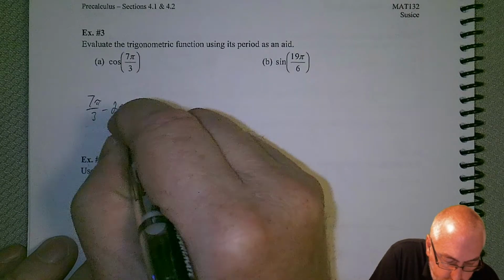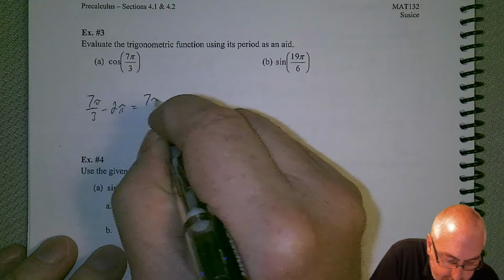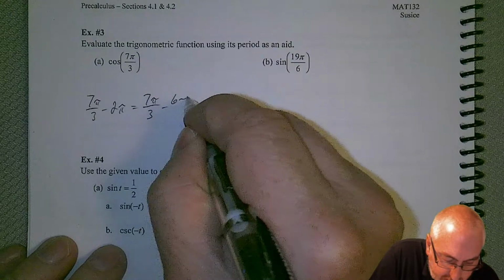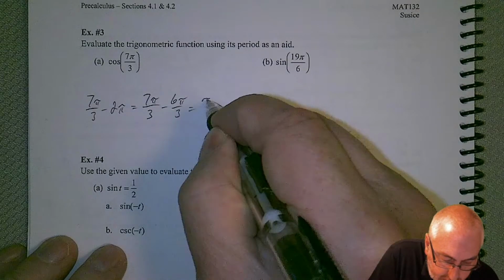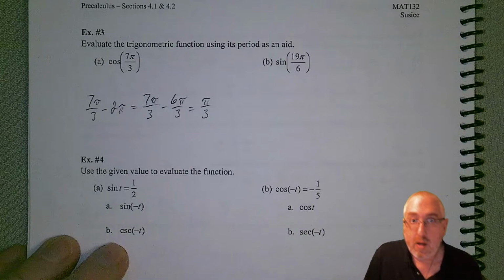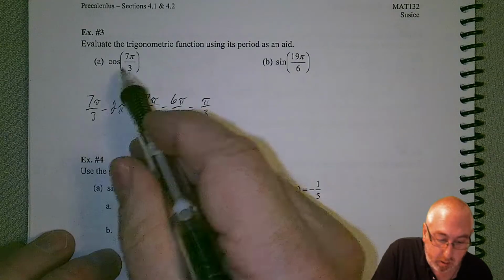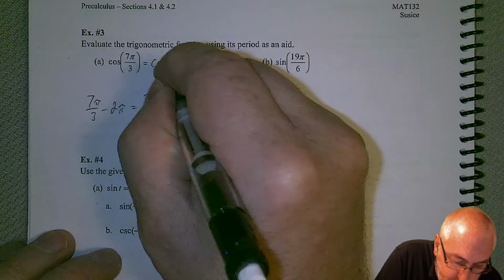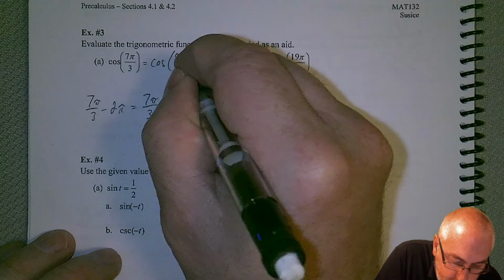If we subtract 2 pi, which is 6 pi over 3, that'll give us pi over 3. So we can conclude that the cosine of 7 pi over 3 should be equal to the cosine of pi over 3.